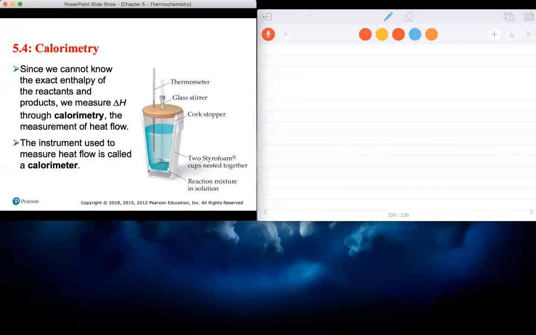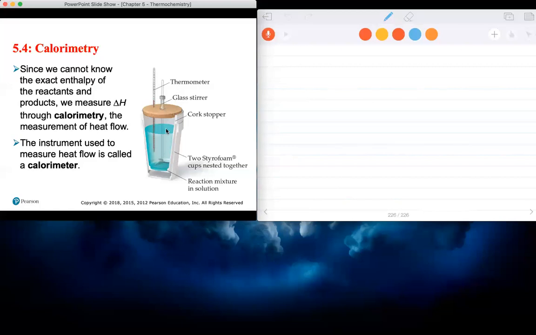But picture that you have a coffee cup, you insulate it similar to what you have, and the reason for the insulation is to avoid heat transfer. When I hold it with my hands, I don't want to transfer heat into the reaction vessel and make the temperature go up. The calorimeter in the lab is simply an insulated coffee cup, and this is the reagent.